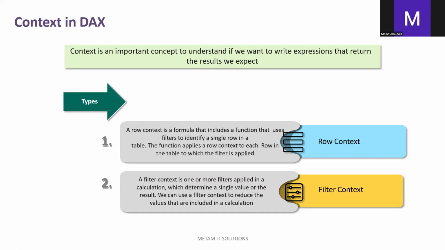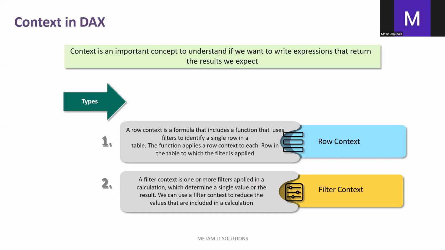And the next is filter context. Filter context is the one or more filters applied in a calculation which determine a single value of the result. We can use a filter context to reduce the values that are included in a calculation. So filter context refers to the filters applied on the data, such as slicers or filters in a report.